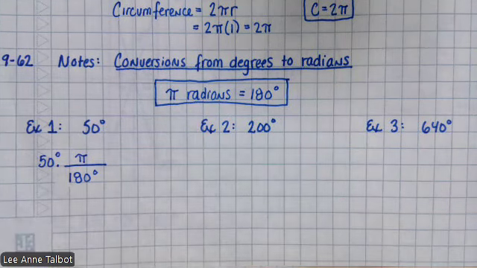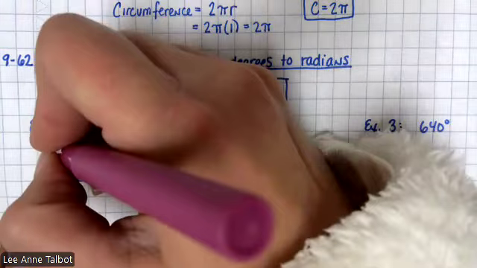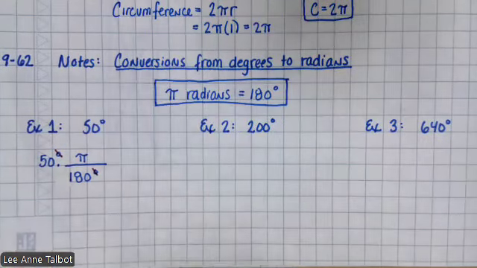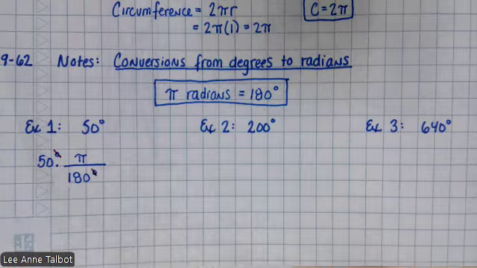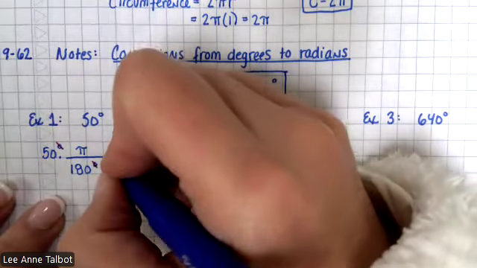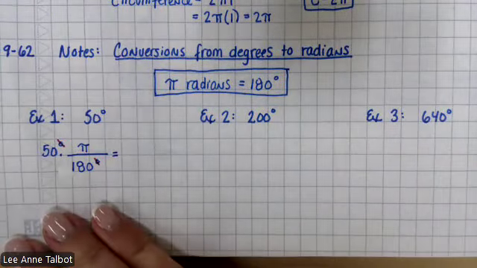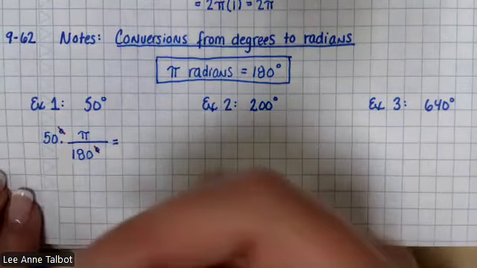Okay, and what I want you to do is if you have a different color pen on you, cancel out the degree symbols. It's really helpful to remember that you need to have the same units on the top and bottom to cancel them out. Okay. Keep in mind that I'm going to be asking you to convert these with no calculator.